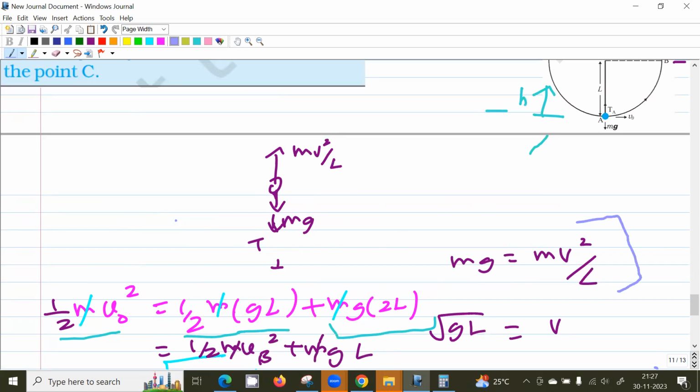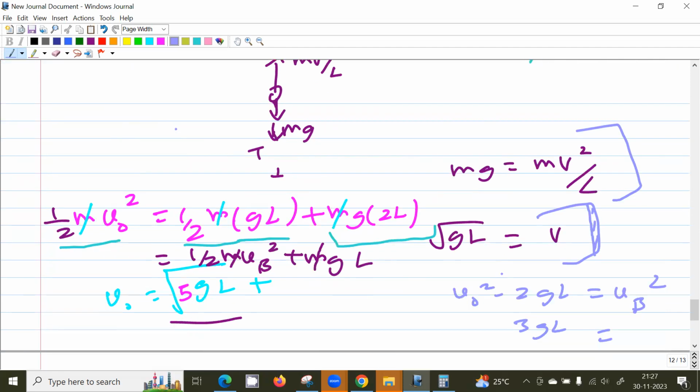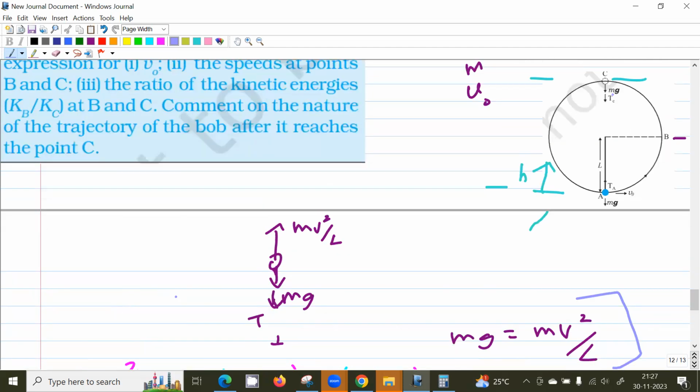So from this, I get the velocity at the topmost point, corresponding to the condition that tension is becoming 0, the topmost point is root GL. So once I get this one, I can just do the energy conservation to get other things. Energy conservation between C and A, and then between A and B. I'll choose the reference for the potential energy at this point. That'll be convenient. Okay.